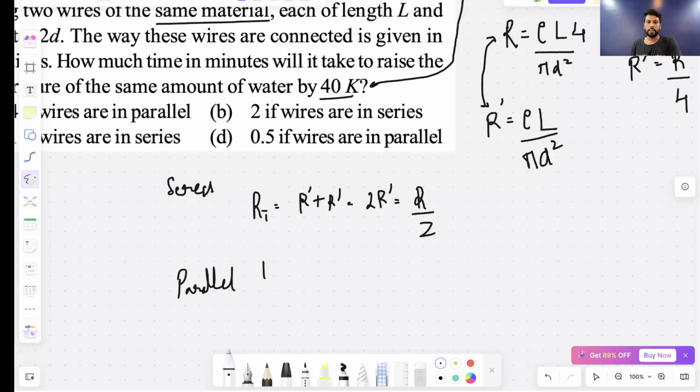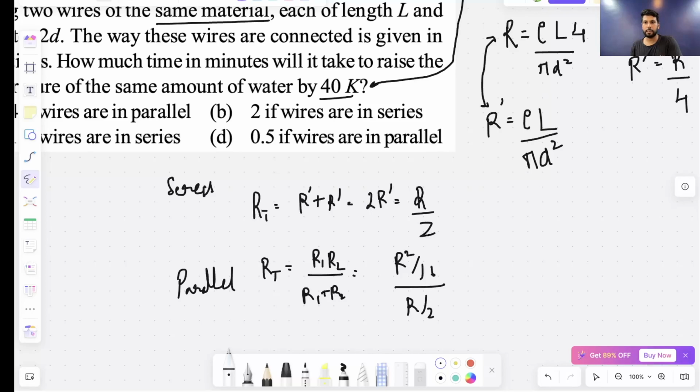R total is going to be R1 into R2 divided by R1 plus R2, and I would say that it is going to be R by 4 into R by 4, so it's going to be R square by 16 divided by R1 plus R2, R by 4 plus R by 4.